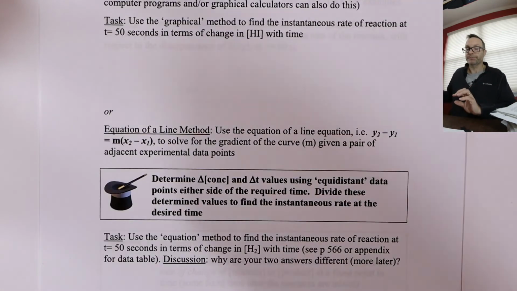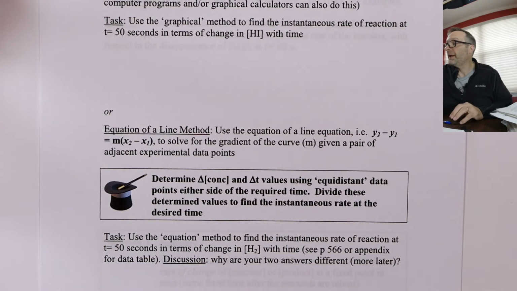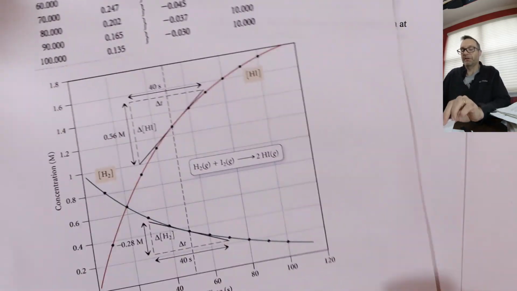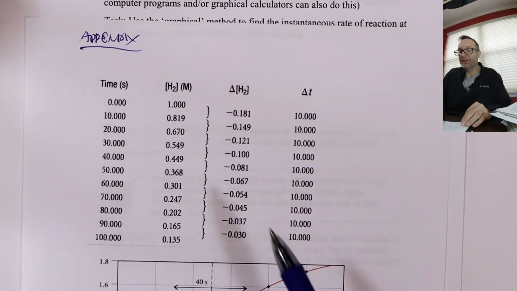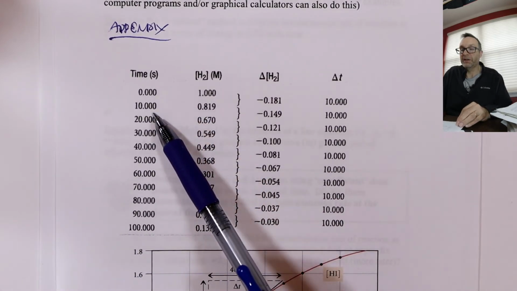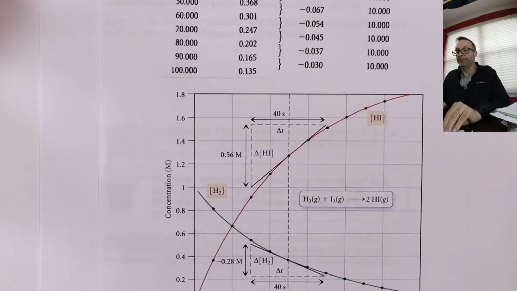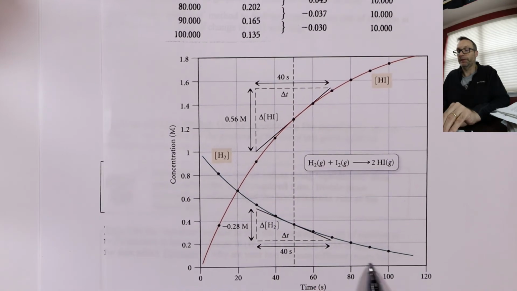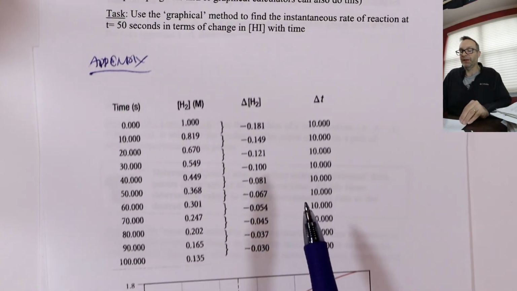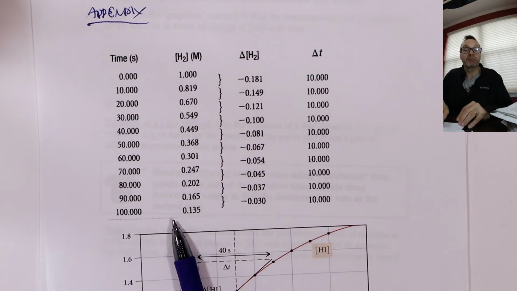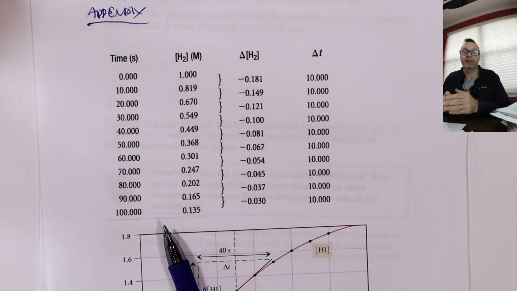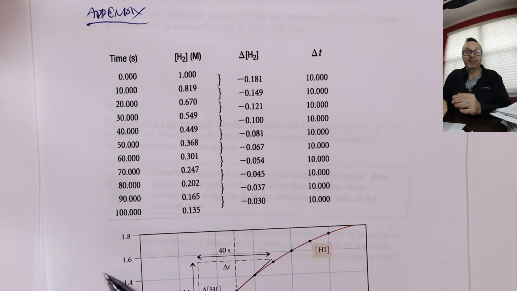Okay. So, if you look in the back of the packet, in the appendix, I actually have that same graph, and we're going to use it as a worked example. And I also have the data set, right? So, here are our times, which are along the bottom, and our concentrations up the side. There they are. So we have a table of raw data, and whenever you do a kinetic study in lab, this is essentially all you collect.